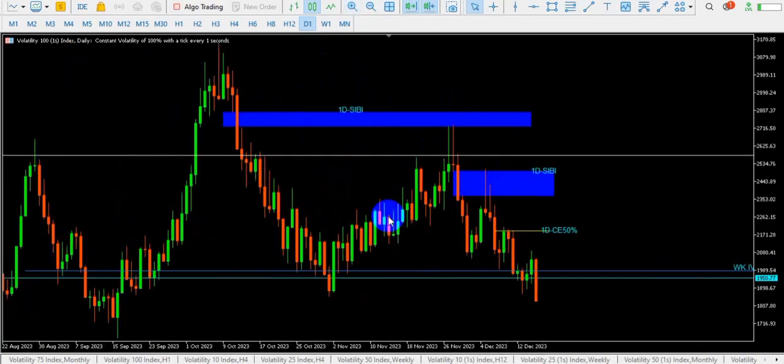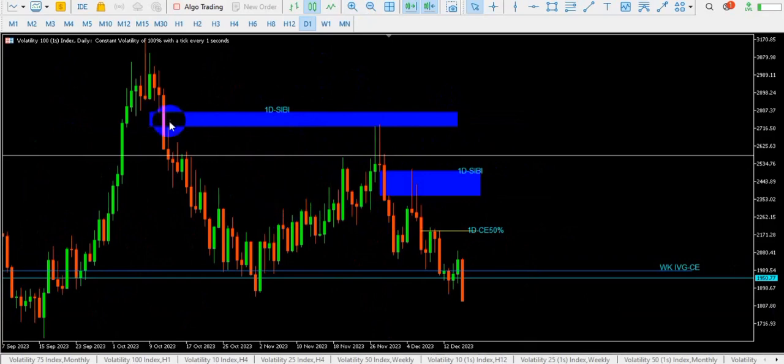Now this is what I did. This is the fair value gap, daily CB, and this is one. So I took a trade here because I knew this was a weekly order block, as I told you, so it was traded through like a normal order block.